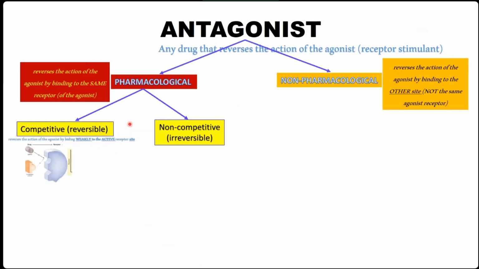If we look at this illustration, we can see that this is an active binding site and this is a different binding site, all lying on the same receptor, on the cell membrane receptor.